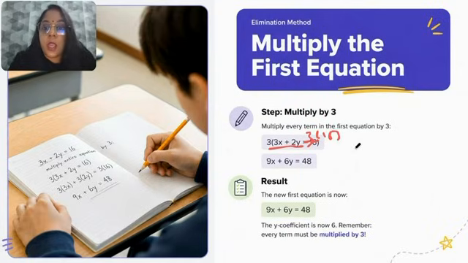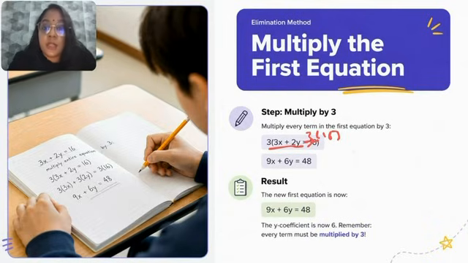Okay, now what does multiplying the entire equation by 3 mean? It means that the 3 must multiply every term. Let's do each part separately. First, 3 multiplied by 3x equals 9x.